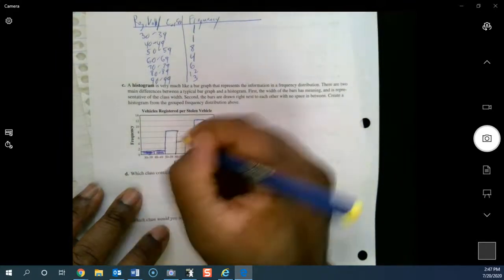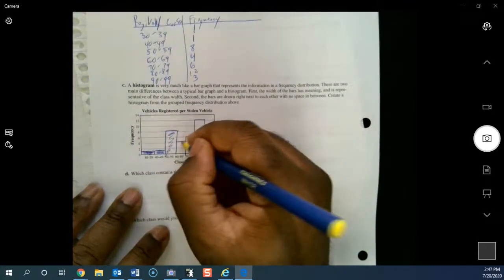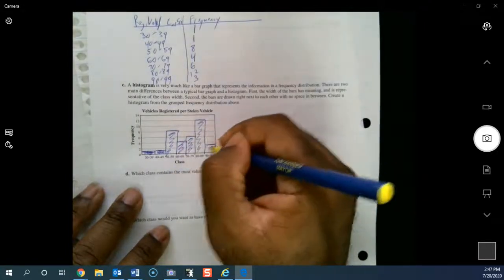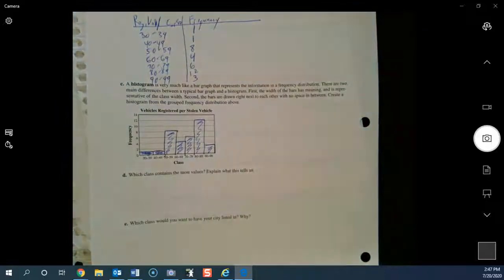Now I'm not going to shade them all the way in because I don't want to use up all my ink. But this is how we would do the histogram. If you notice, they're all connected and they have specific value here. So this is basically your introduction to a histogram. It's different than a bar graph because remember the bar graph, the values are separated from each other. And we are done.